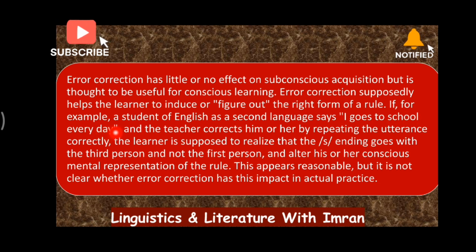If, for example, a student of English as a second language says, "I goes to school every day," and the teacher corrects him or her by repeating the utterance correctly, the learner is supposed to realize that the -s ending goes with the third person and not the first person, and alter his or her conscious mental representation of the rule. This appears reasonable, but it is not clear whether error correction has this impact in actual practice or not.